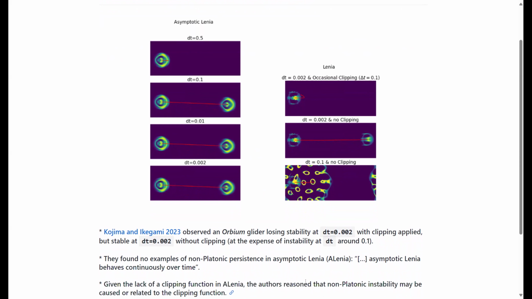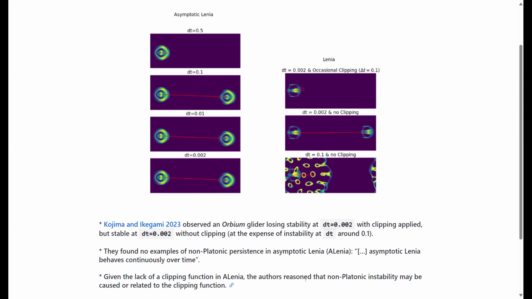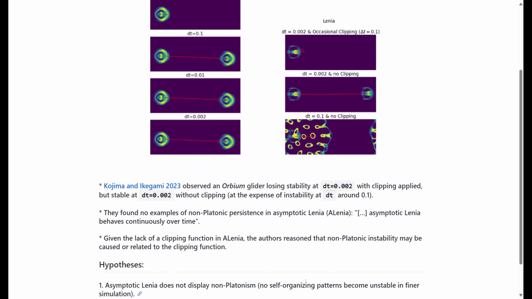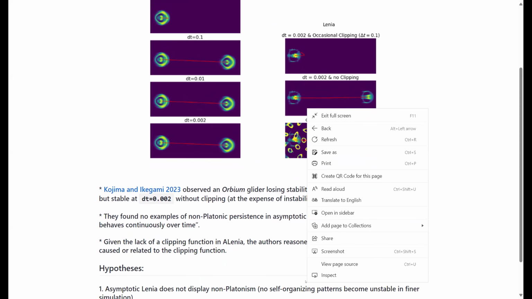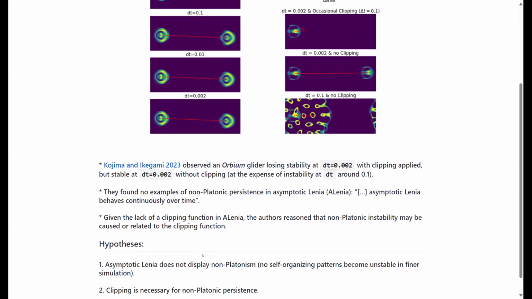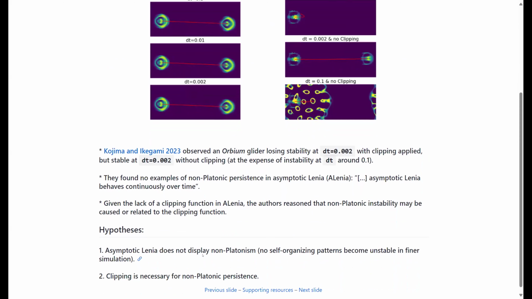But they then started to think that maybe the clipping function has something to do with the instability that you get at small step sizes for some patterns. And asymptotic Lenia doesn't have that. And indeed, they didn't find any gliders in asymptotic Lenia that had the same sort of instability due to small step sizes.